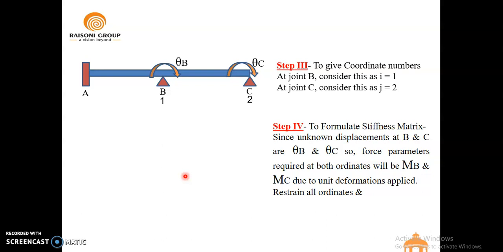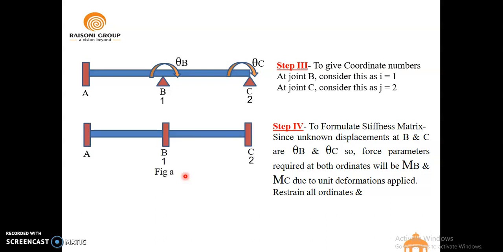Since the unknown displacements at B and C are rotational displacements, the force parameters required at both joints should be moment at B, MB, and moment at C, MC.